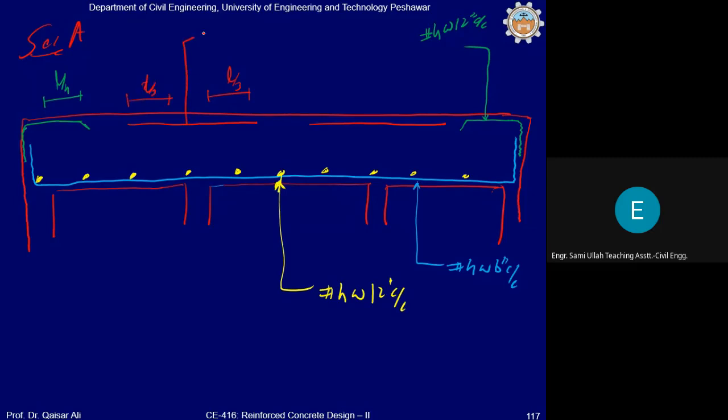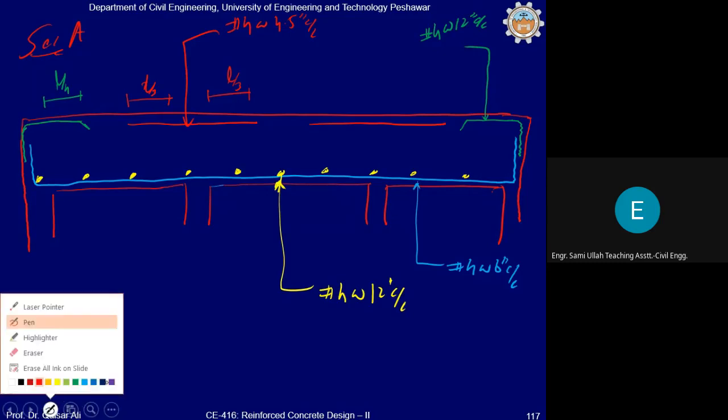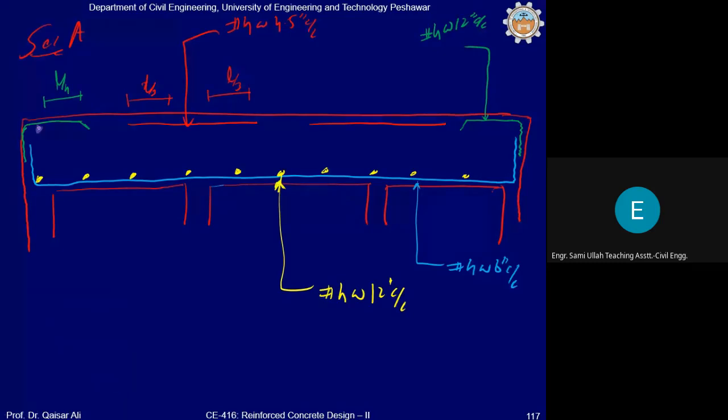And the spacing is number 4 at 4.5 inch. Okay. And of course, the supporting bars normally go at 18 inch center to center. These are the supporting bars. So the spacing of supporting bar is number 4 at 18 inch center to center. Correct?